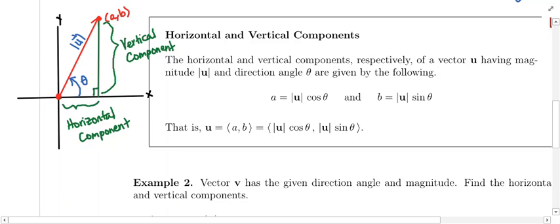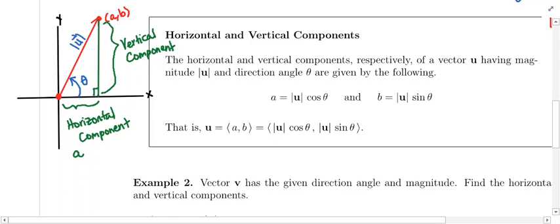And what we can do here, if again I gave you this idea back on the first page: if you start at the origin, the horizontal component and the vertical component tell you how to get to the terminal point. If you start at the origin, you would have to walk in the x direction to the right by a many units, because this point has an x coordinate of a, so this distance right here is a units.